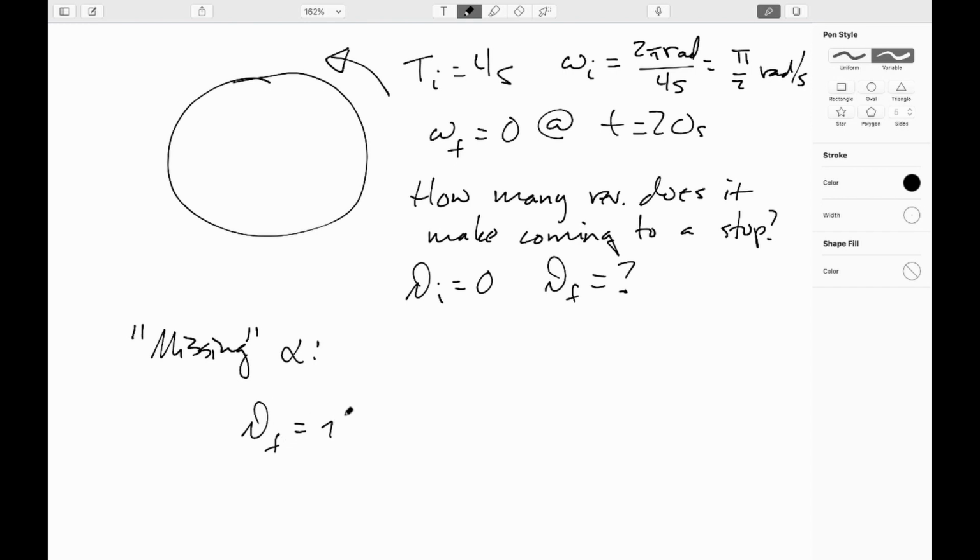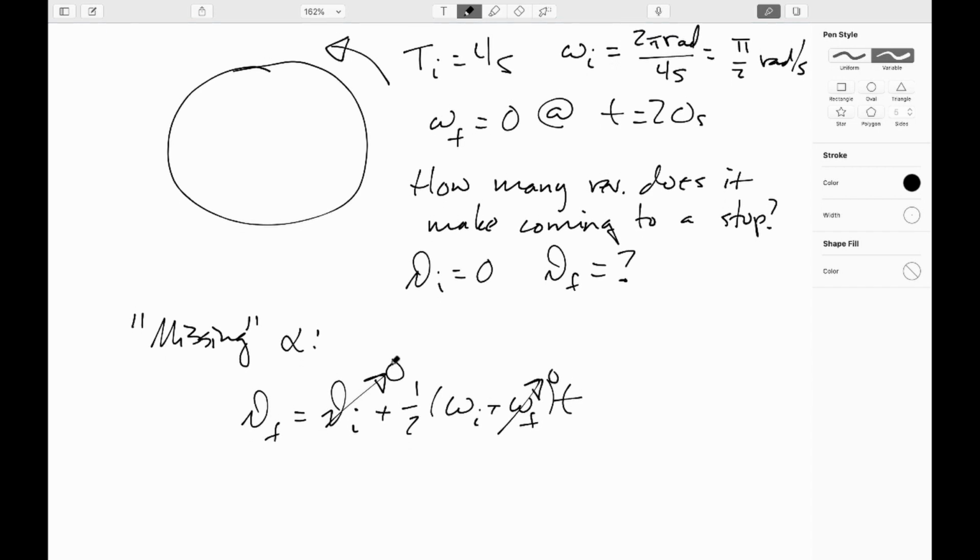Theta final equals theta initial plus 1/2 omega initial plus omega final times t. Omega final is 0. Theta initial is 0. So our angle will be, sorry, 1/2 times pi over 2 radians per second times 20 seconds.